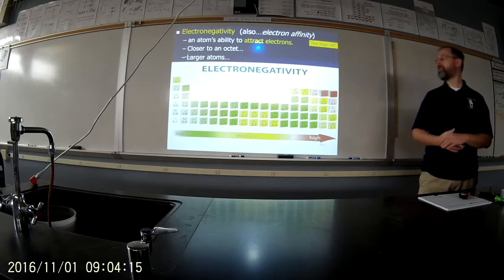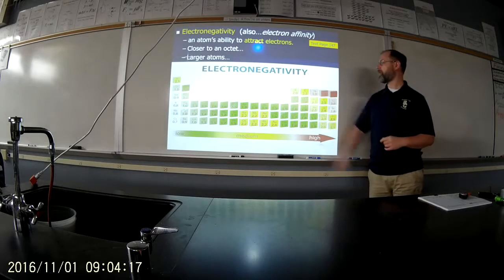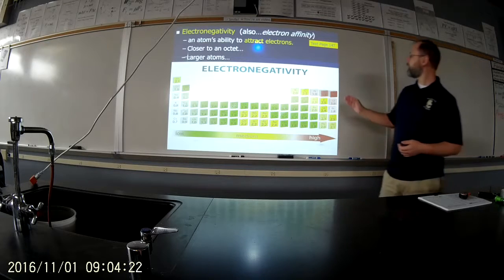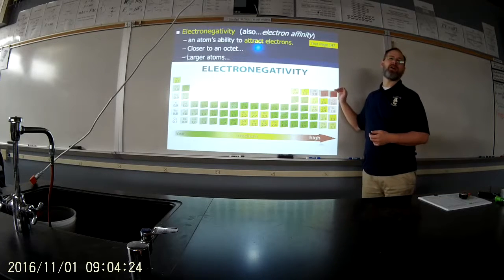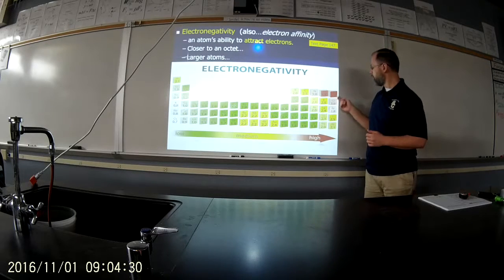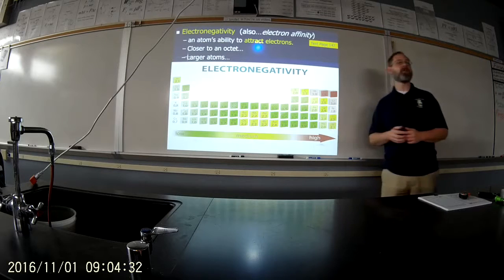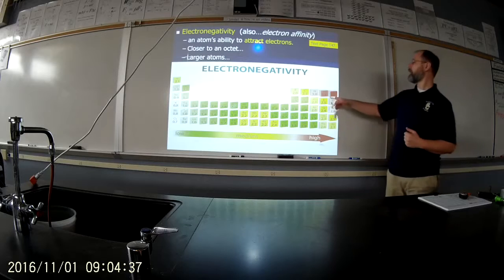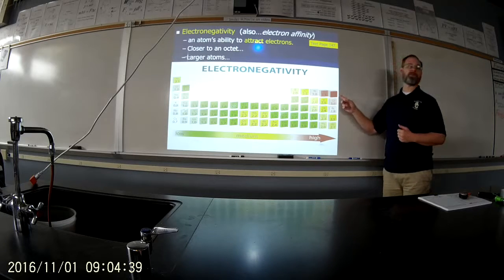So electronegativity, this is a different diagram that I had up yesterday. Electronegativity is the idea that elements that are close to having an octet are going to work really hard to get that last electron. Okay? So look at fluorine and chlorine and bromine, they almost have their octet, so they're going to work really hard to complete their octet. Similarly, oxygen only needs 2 more electrons to complete its octet.